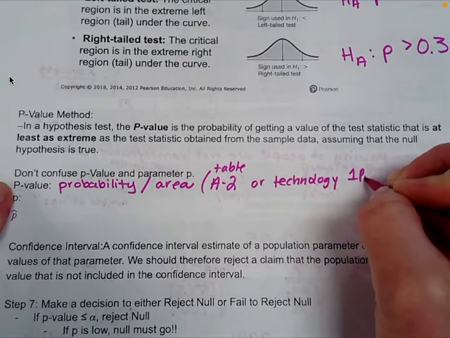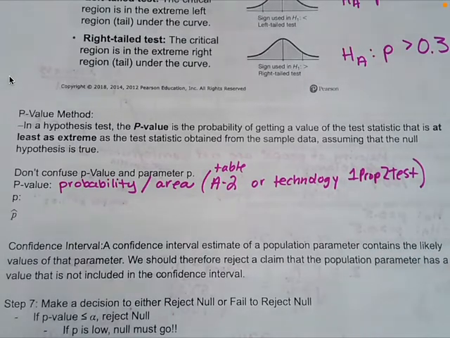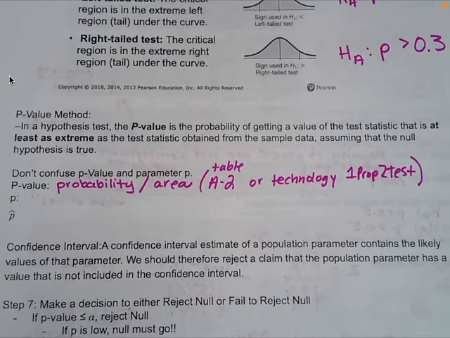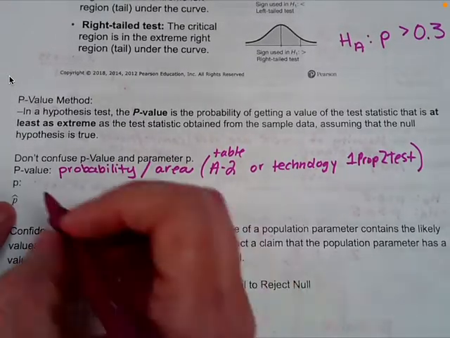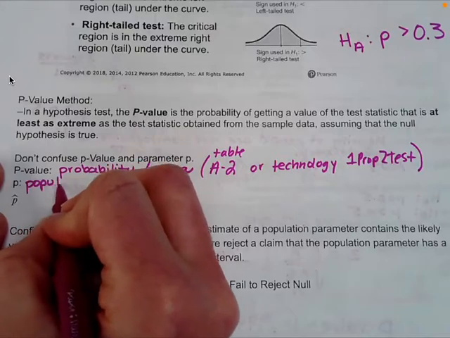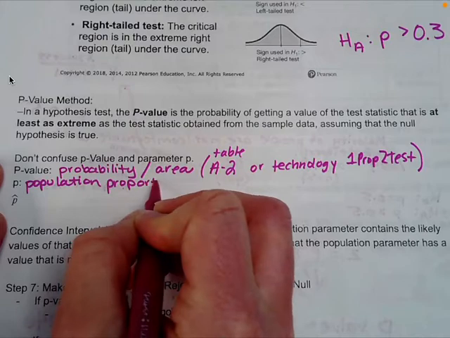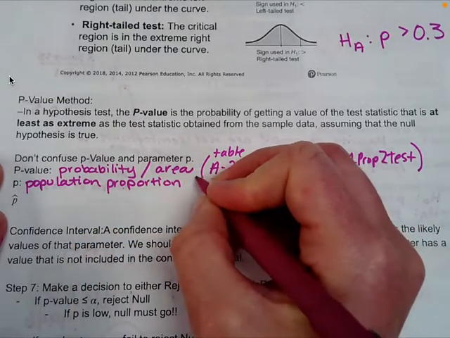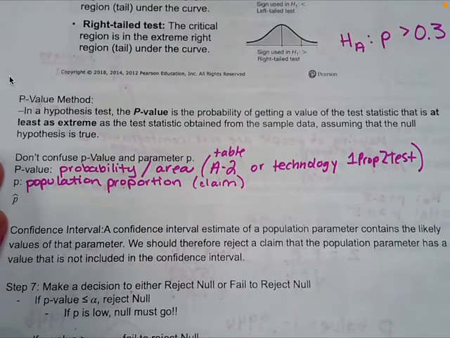It's the 1 prop z test. The p is our population proportion, and it's our claim. It goes along with whatever the claim is from our H alternative.